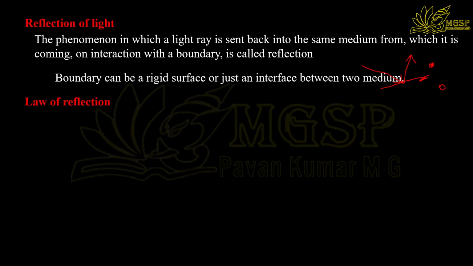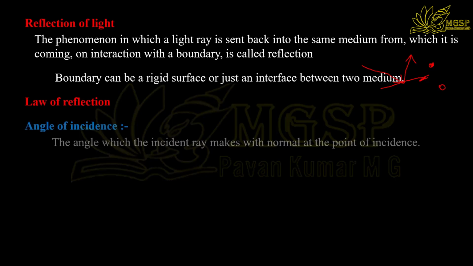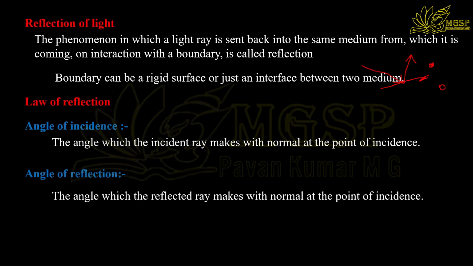Next, law of reflection. In that we have certain terms. Angle of incidence: the angle which the incident ray makes with the normal at the point of incidence. Angle of reflection: the angle which the reflected ray makes with the normal at the point of incidence.